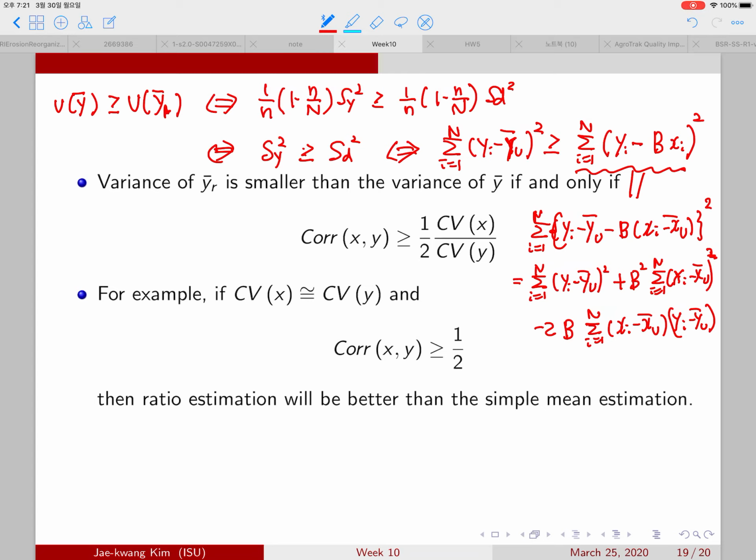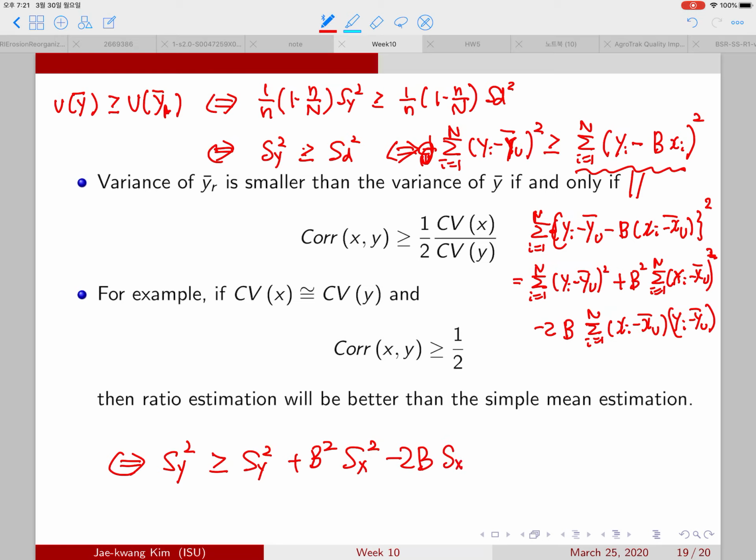Basically, s_d square is equal to s_y square plus b square s_x square minus 2 times b times covariance s_xy.